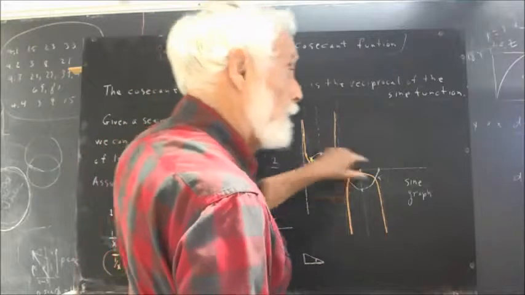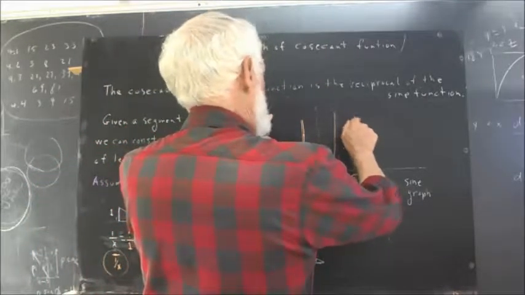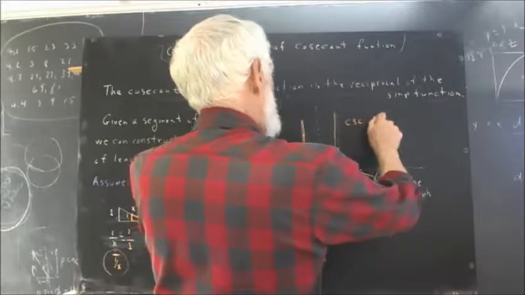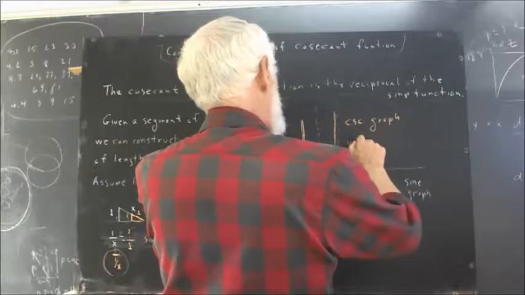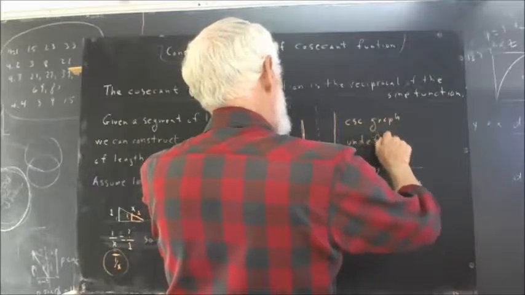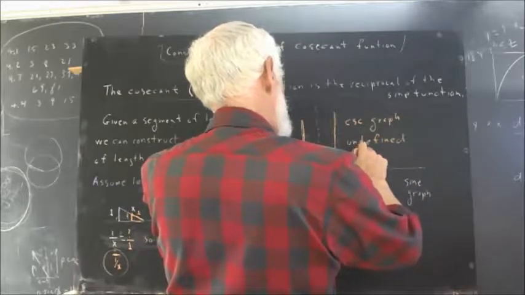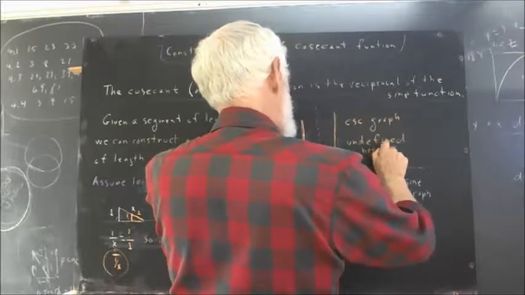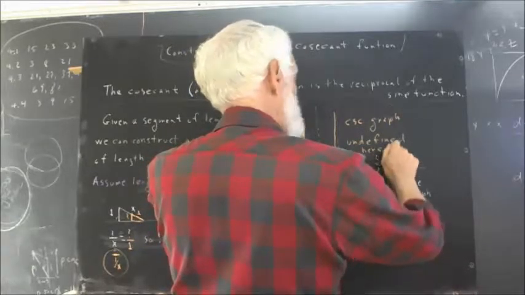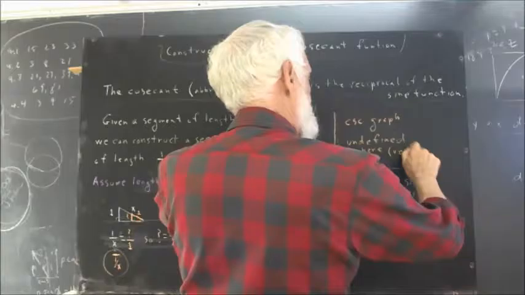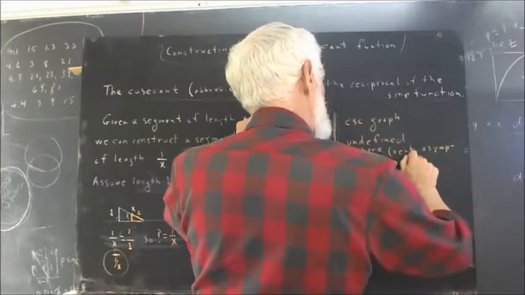Now, the function is undefined. So here we have cosecant graph in orange. And the cosecant graph is undefined at these points where we have vertical asymptotes.